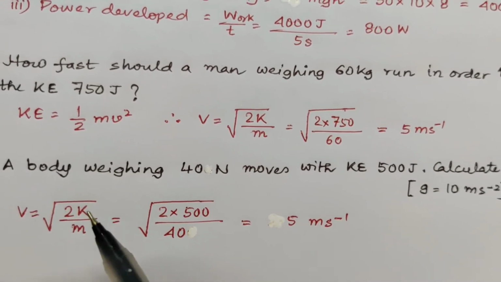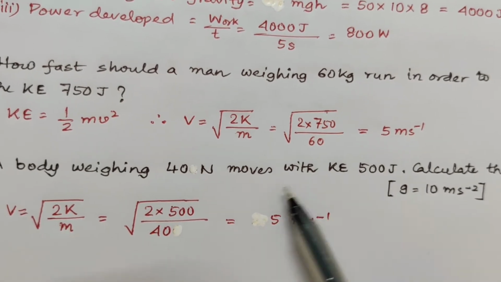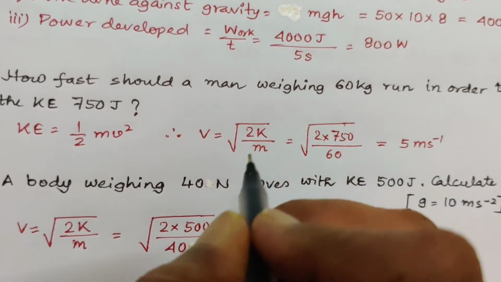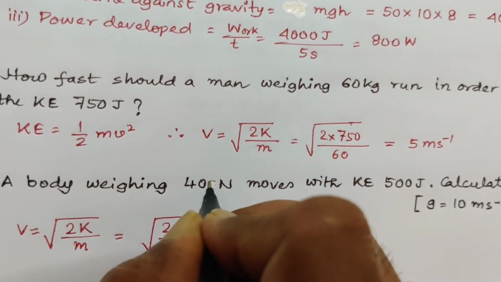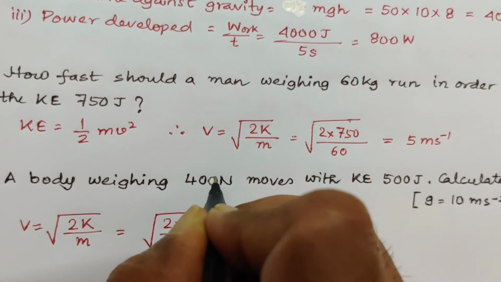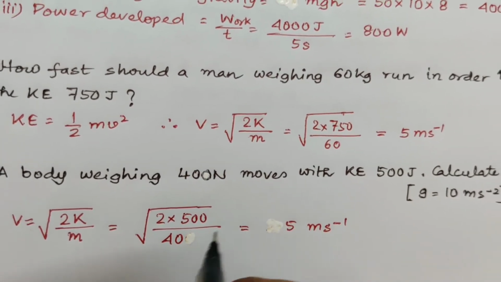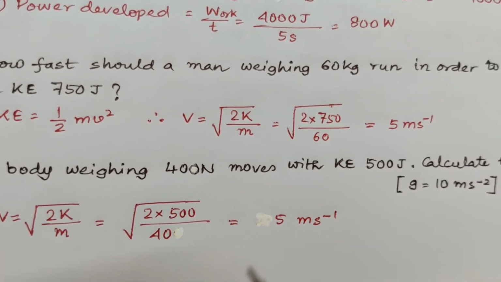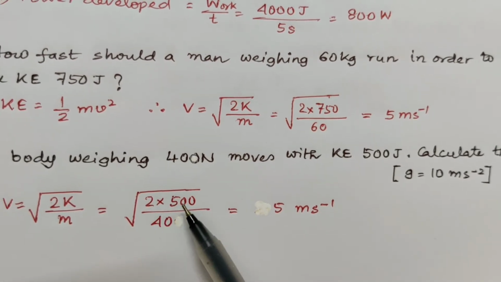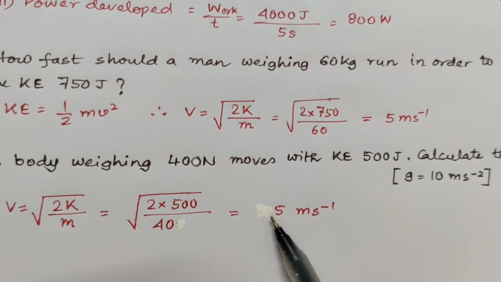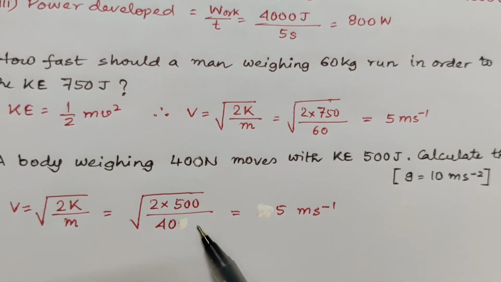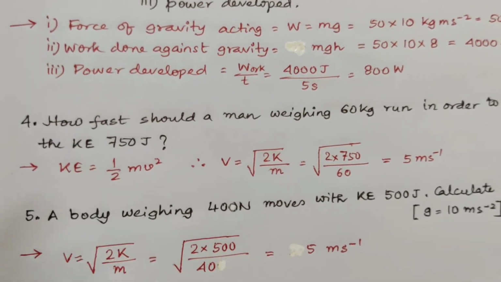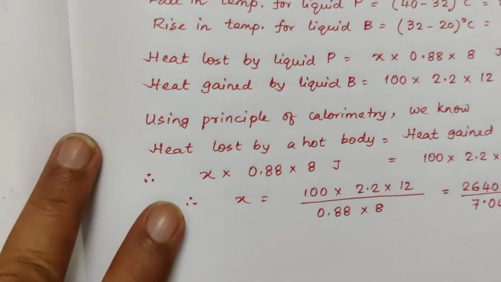This is 40 Newton. 2 into k is equal to 500 joule and mass is equal to... here we have 400 Newton. If it is 400 Newton, then the mass is 40 kg since g is equal to 10 meter per second square. So here we are getting 2 into 500 by 40 is equal to 25, root over 25 is equal to 5 meter per second. So these are the sums on force.